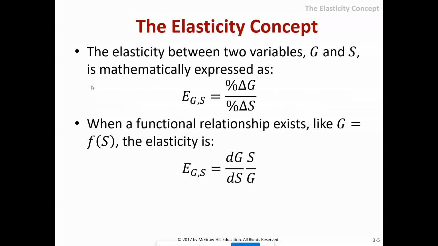So the elasticity formula is the following. If we pick two variables, any two variables, if they're related, G and S, and we want to check how G changes in response to the change of S, then we write the elasticity of G in response to the change of S. The numerator is the percentage change in G, where delta means change.